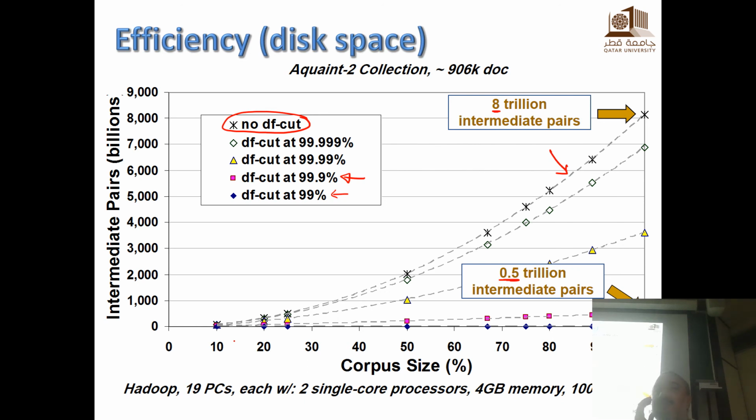No. Why not? Because if we calculate the similarity for all the 8 trillion pairs, you will add a lot of intermediate, we call it intermediate similarity weights. Yes. So of course we will get a different one.